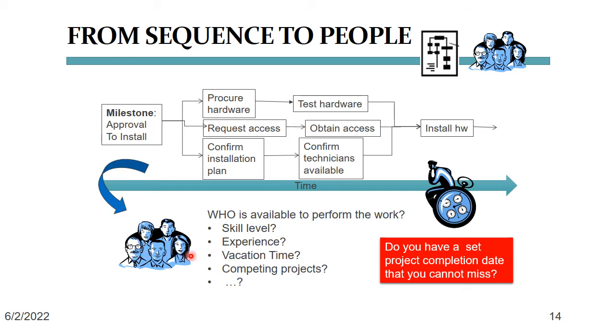Are they available at all, or working on other more important projects, or are they on vacation right when we need them? All of these questions become more or less urgent when the project sponsor is waving a targeted project completion date over your head, or if you communicated the date for your final project milestone too soon.